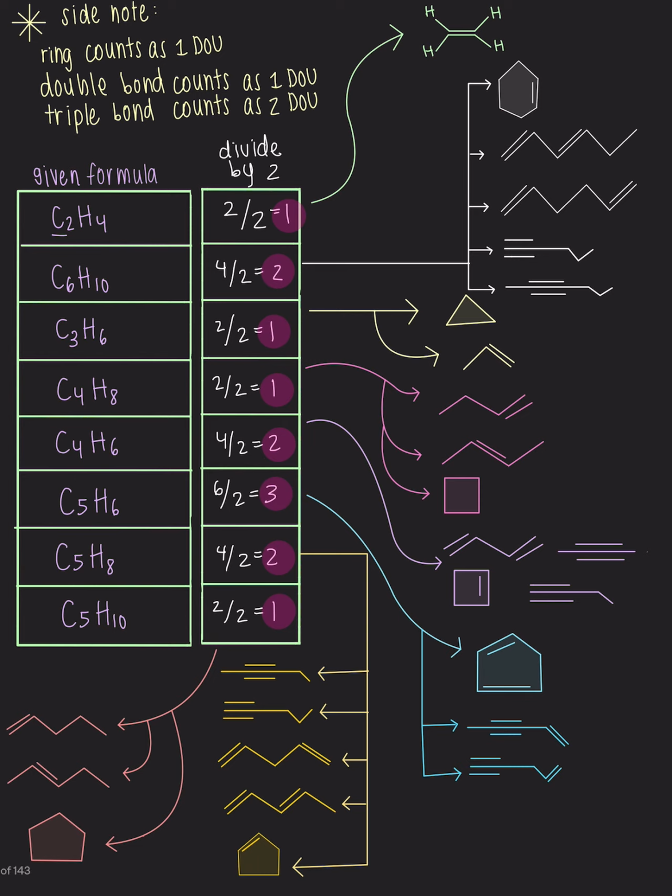Okay, now for the check, because sometimes you're like, what do you mean you can check your work? Because some students don't see it. So I'm going to show you with the easiest structure. This one in pink, so C4H8. So you have 2 hydrogens here, 2 hydrogens here. Remember, you have a hydrogen and a hydrogen like that. 2 hydrogens here and 2 hydrogens here.